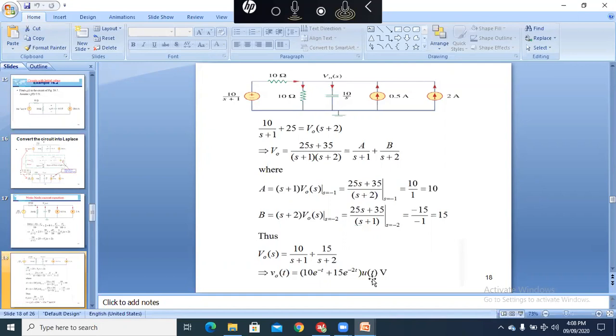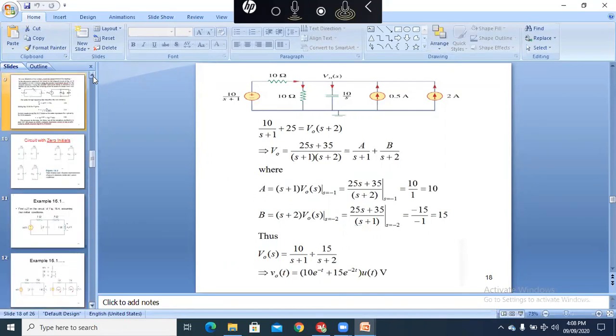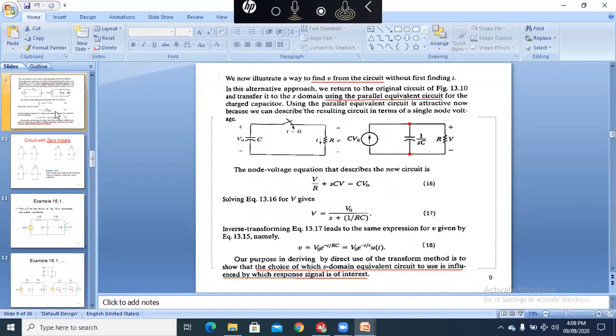I want to express one thing here: in the case of RC circuits, we have the decaying exponential, because it is multiplied with u of t.